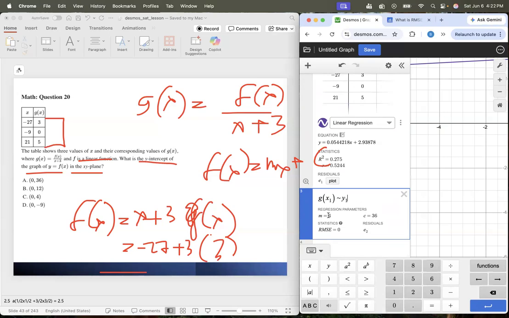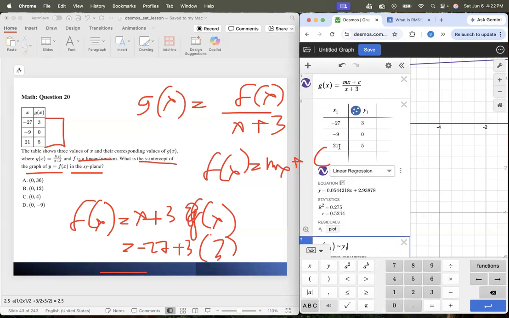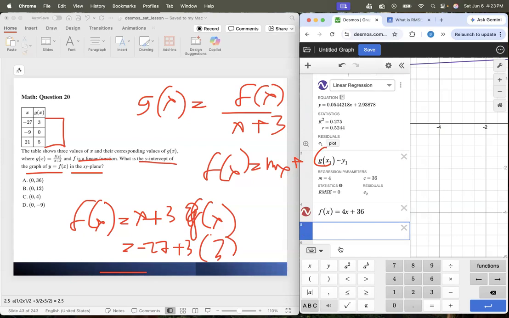That is our new gradient for these f of x plus c, which is the actual f function, right? So we can say our f of x is now what? 4x plus c. C is what? 36. And therefore, what is the x-intercept? It is 36. Straightforward. And that's A. It depends on whichever way you want to go, but this is the easy way.